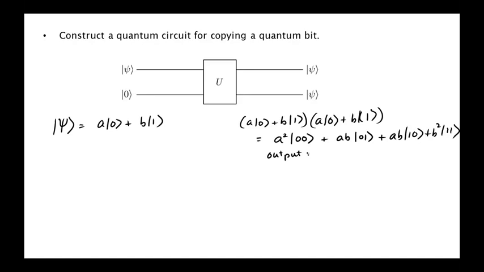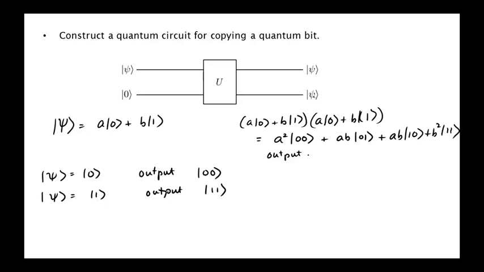Now let's look at a few cases. What happens if psi was equal to 0? What should our output look like? Well, of course, in this case the output should be 00, because we want each of the two qubits to look like 0. On the other hand, if psi was equal to 1, then the output should be 11, because we should copy this 1 over into the other qubit.